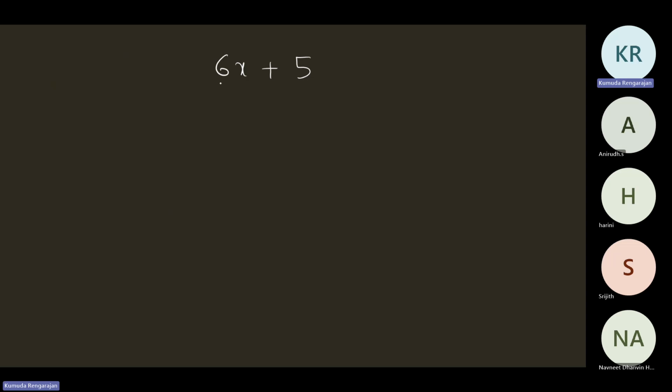So for this 6, we'll use the letter A. Now x is the variable, so x is x. The sign can be plus or minus, but in general we take plus. It can be minus also. And this is B. So this is the standard form, ax plus b.